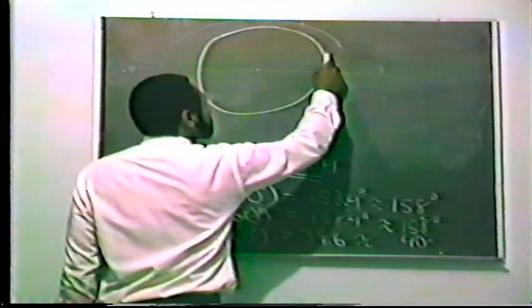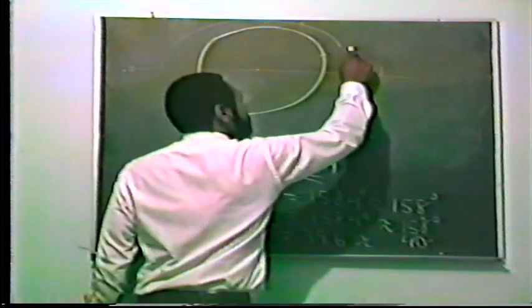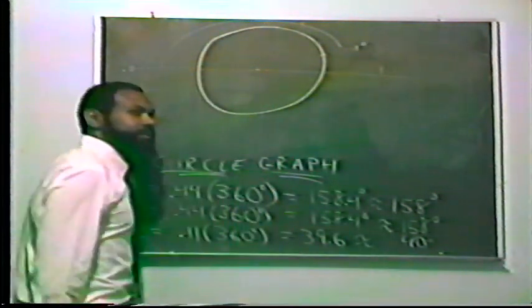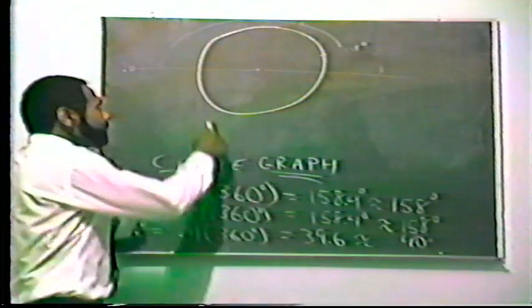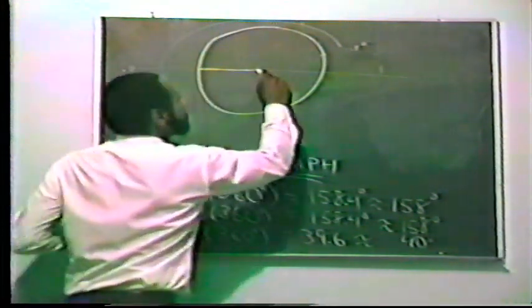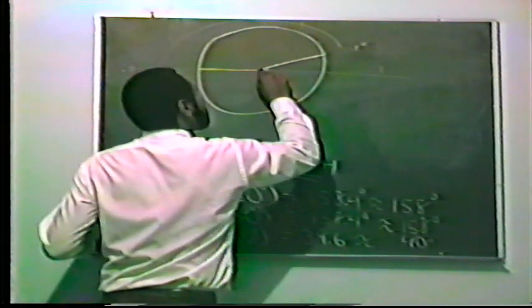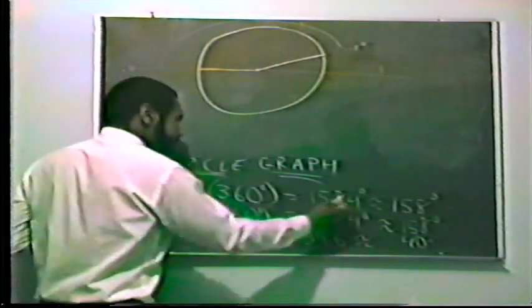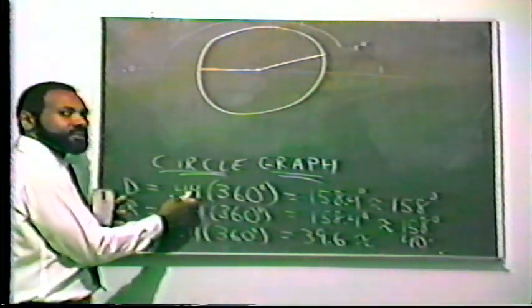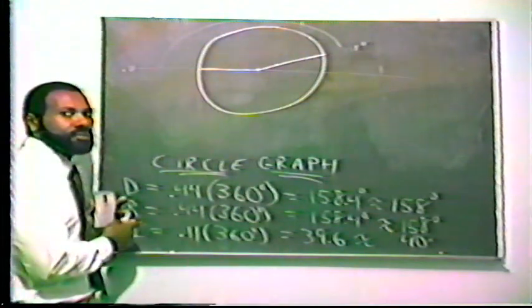And we put a mark. This would be our 158 degrees. So that means that from here to there would be 44% of the circle, the amount that we should devote to the Democrats.